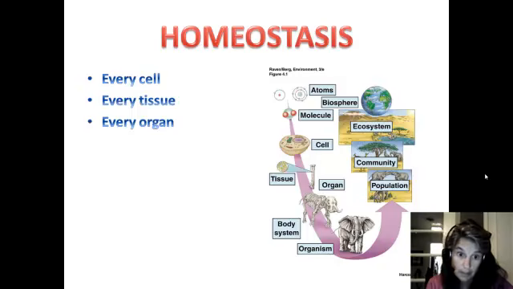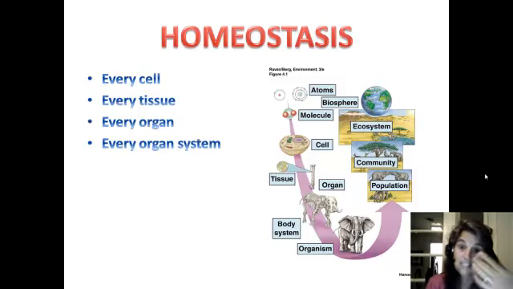Every organ, a bunch of different tissues working together to do a common job. Every organ system, a bunch of different organs working together to do a common job. For example, your digestive system, your stomach, your esophagus, your intestines working together to get nutrients to your body.